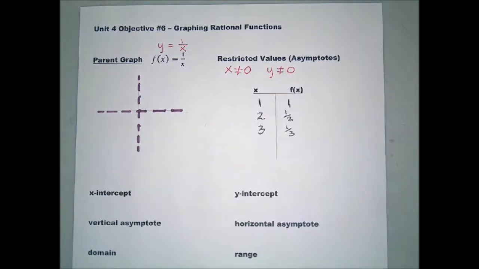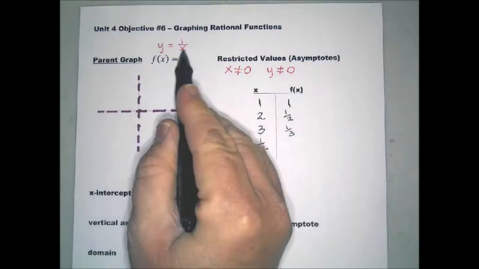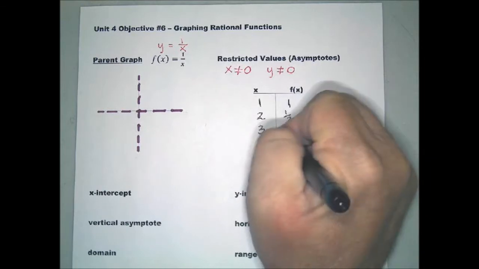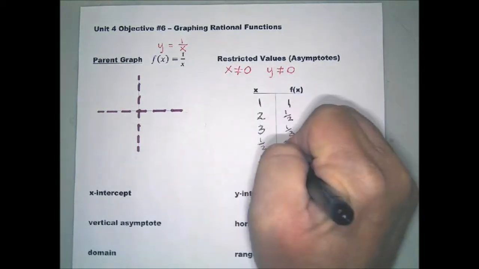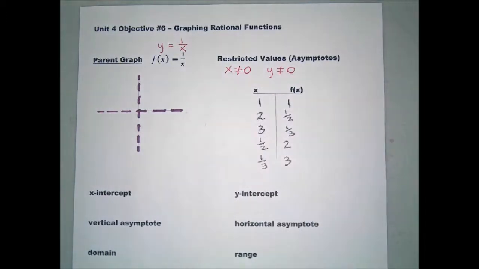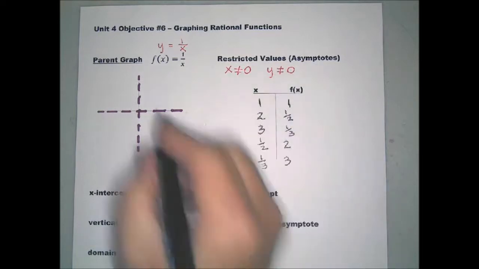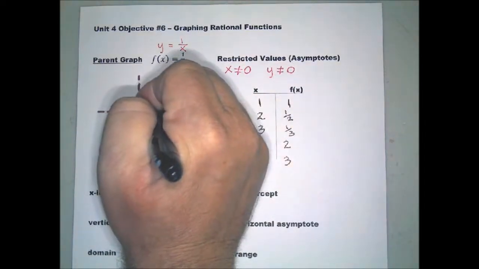But it works the other way around also. What if x has a value of 1/2? Well, 1 over 1/2 is the reciprocal of 1/2, which is 2, and 1/3 would be 3. So what's happening with this graph? Let's graph the lattice point 1, 1. Over 1, up 1, it would be about right there.